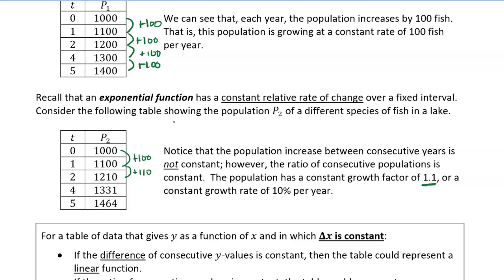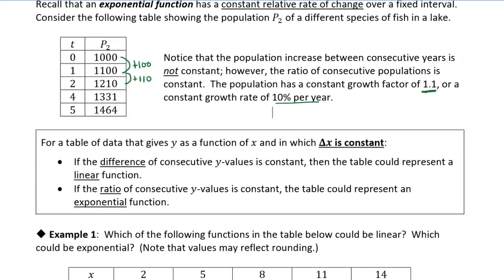The growth rate is 10% per year. All right, so from a table, we can distinguish between a linear and an exponential function by looking at the difference or the ratio of consecutive y values.